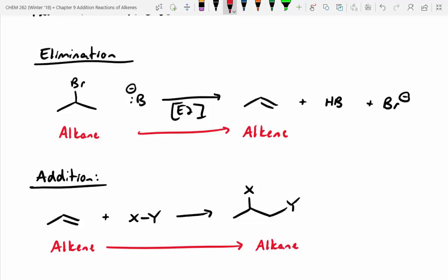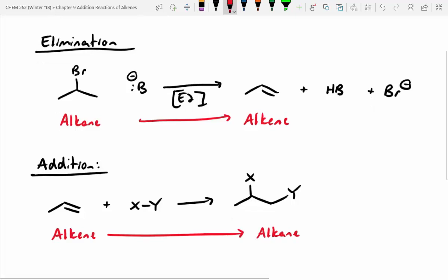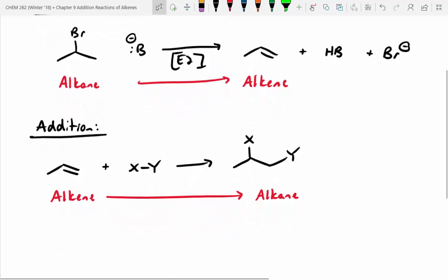All right, so let's think about this in terms of entropy. Which one is entropically more favorable, the elimination reaction or the addition reaction? The elimination reaction is entropically more favorable, right? So we're creating more moles of product than we had starting material. So is that going to be favored at high temperature or low temperature?